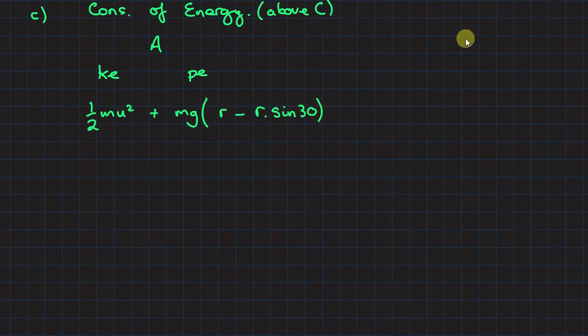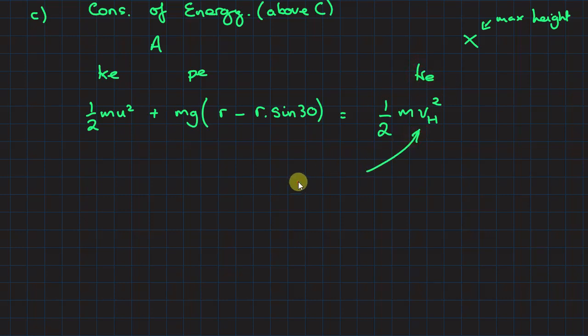And on the other side, at the top, the point X, max height, we have a kinetic energy which is 1/2 mv horizontal squared. That's the horizontal component as we leave B, and at all following times.